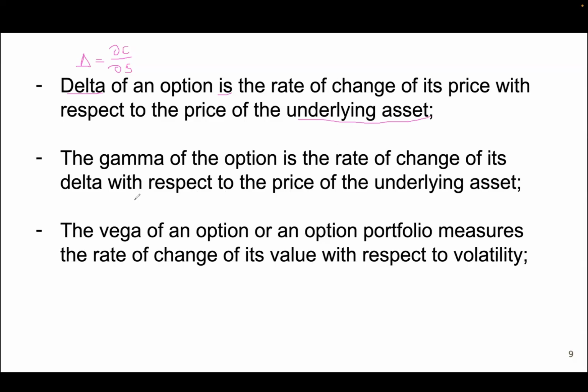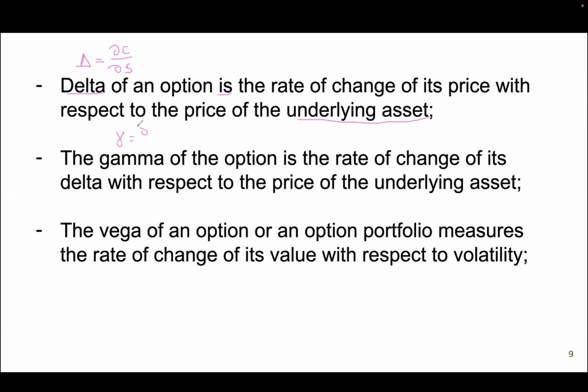Gamma is the rate of change of delta with respect to S. So gamma is the derivative of delta, or the second derivative. It can be written with a little or a capital letter.